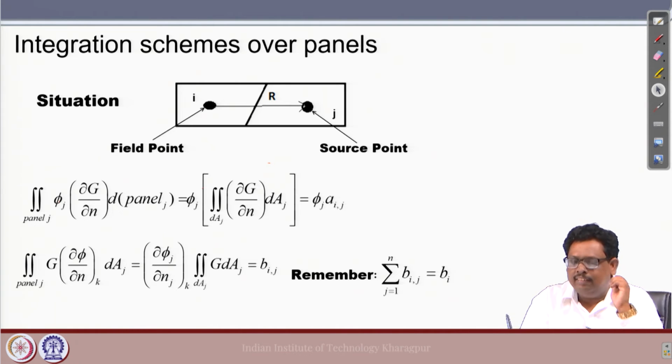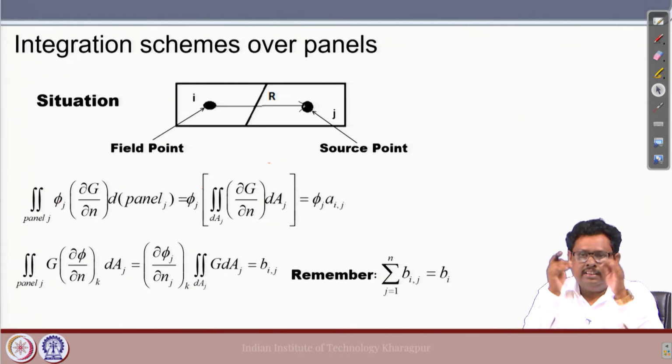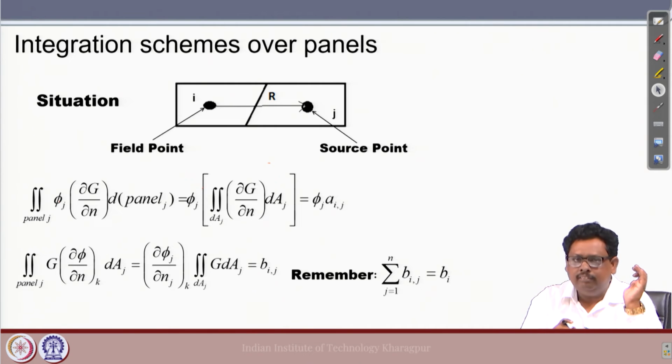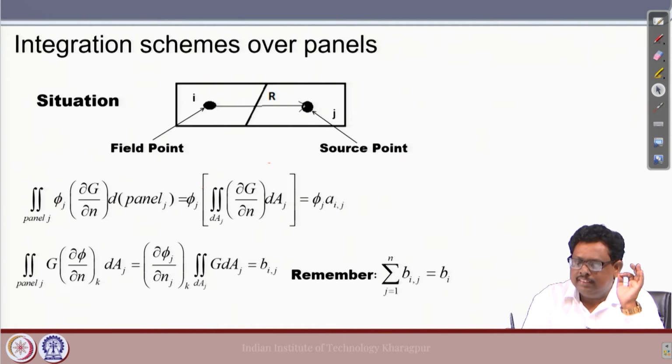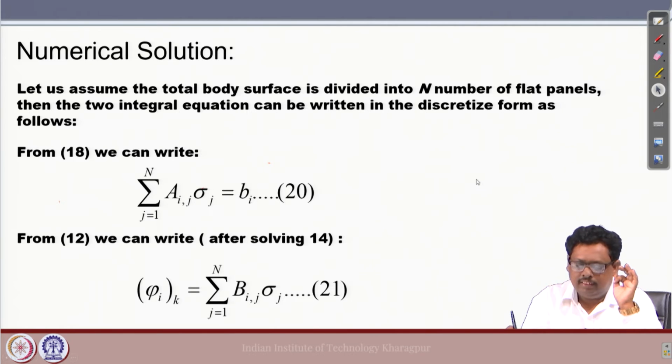So, this is the scheme. Earlier in our source dipole method, in a single equation we are solving everything. Now, here for the only source method, first we are solving for sigma, and once we know the value for sigma, then I use this value and solve for phi. So, this is the only difference.